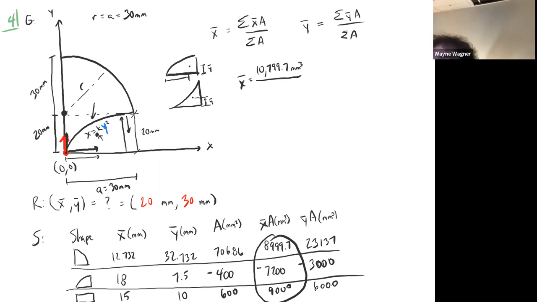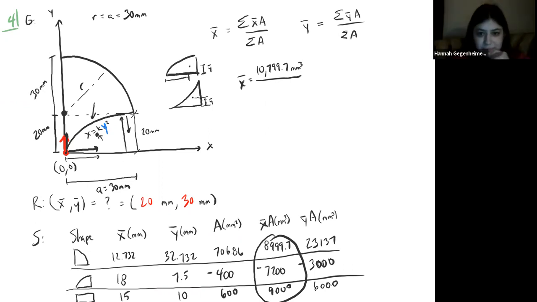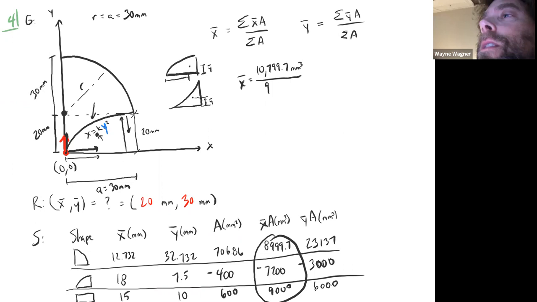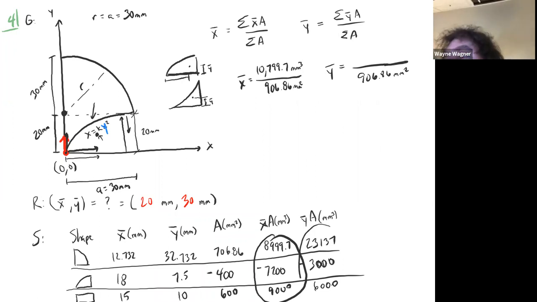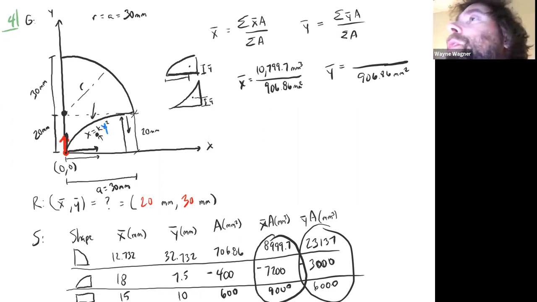Which is going to be 706.86 minus 400 plus 600 equals 906.86 millimeters squared. Y bar equals the same number on the bottom, 906.86 millimeters squared. And then we're going to add these, remembering to subtract: 23,137 minus 3,000 plus 6,000 equals 26,137.